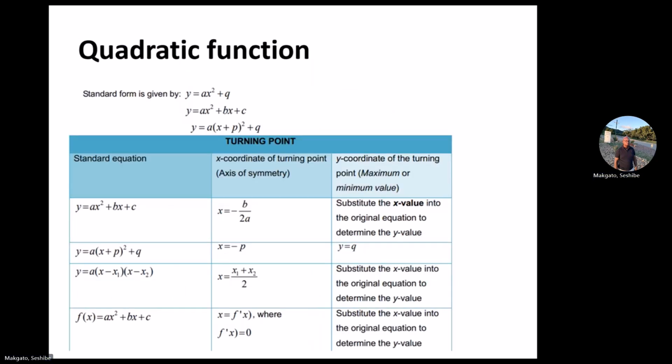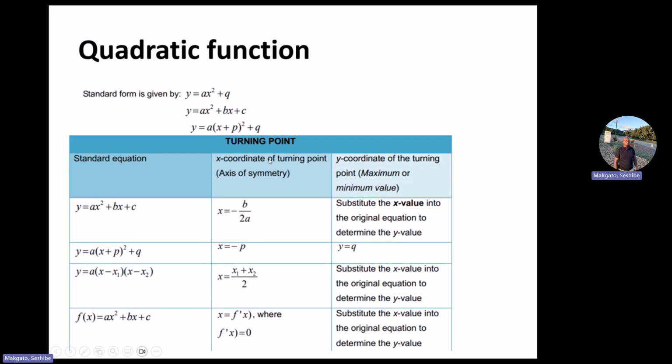So a typical quadratic function, for example, we've already defined the standard form of an equation that defines a quadratic function. But as we've already defined those standard equations, what is of paramount importance is that you have to know the turning point. So from that quadratic equation, you need to know the turning point.